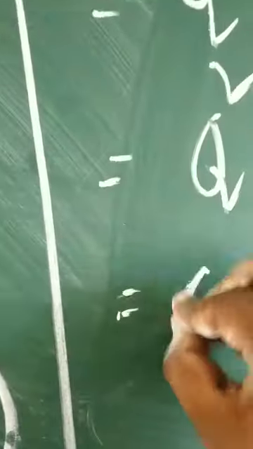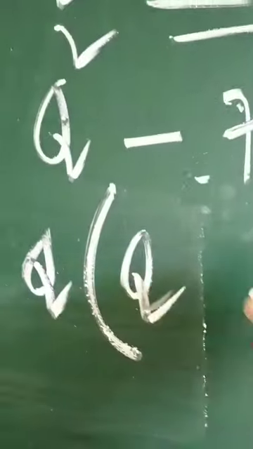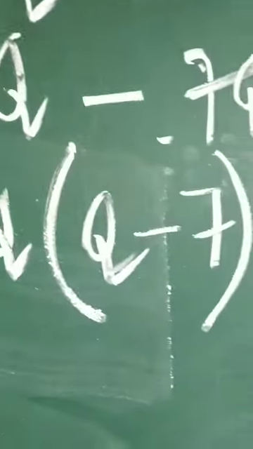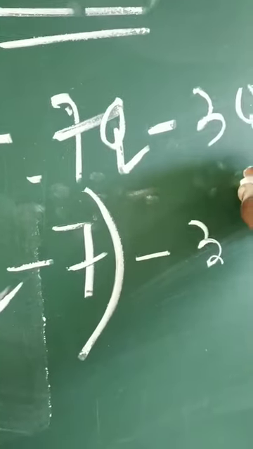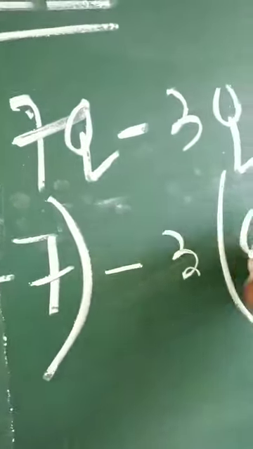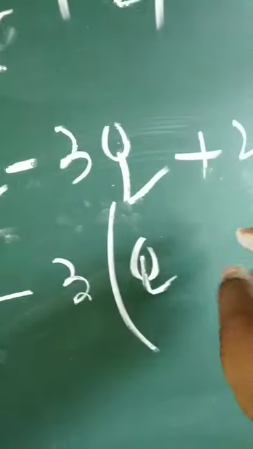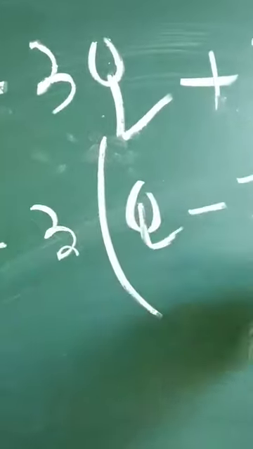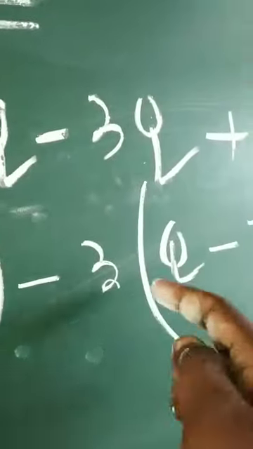Now I'll take q away from here. 1q will be left. Minus 7. Now from here I'll take minus 3 away. Q will be left. From this plus sign, 1 minus is taken away. Minus will be left. Minus 7. Why? Because if you want to check this portion, let us check it in this way.